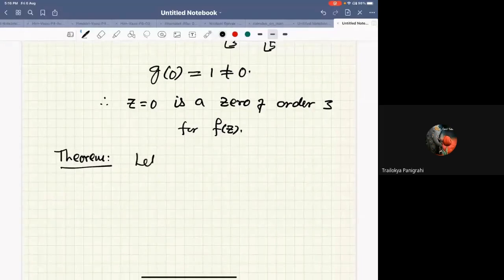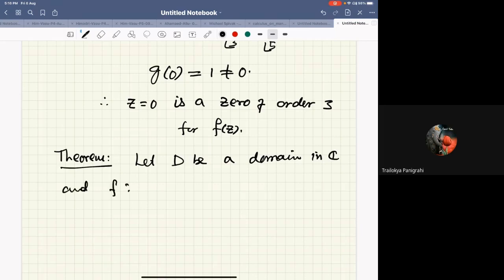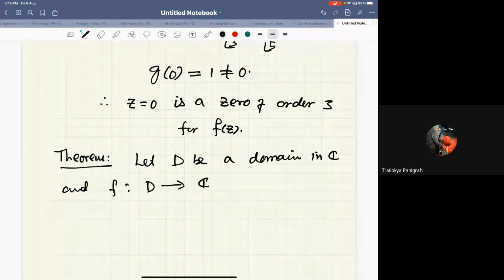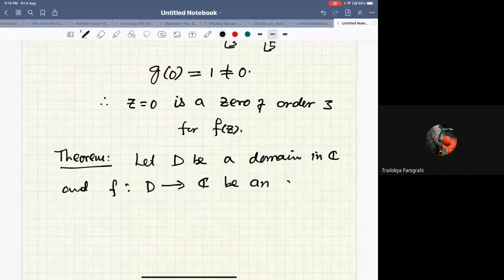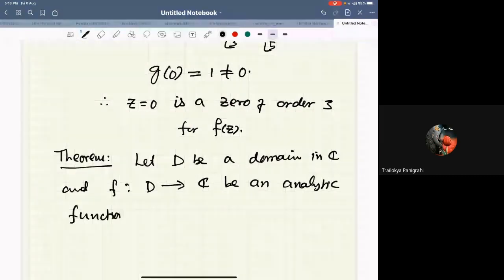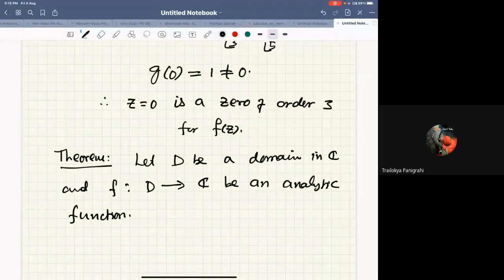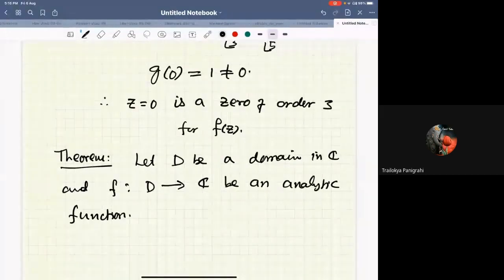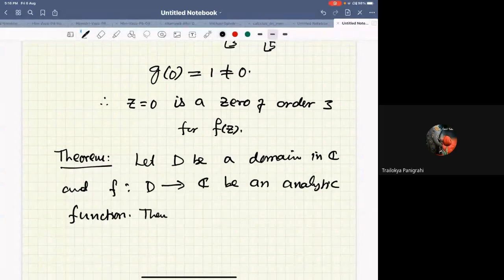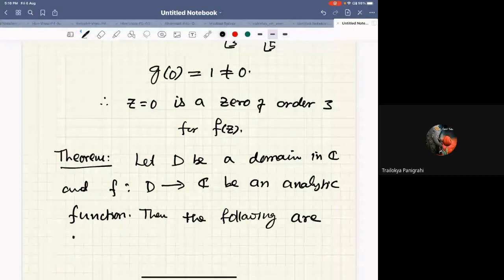Let D be a domain in C and f, a function from D to C, be an analytic function. Then the following are equivalent.